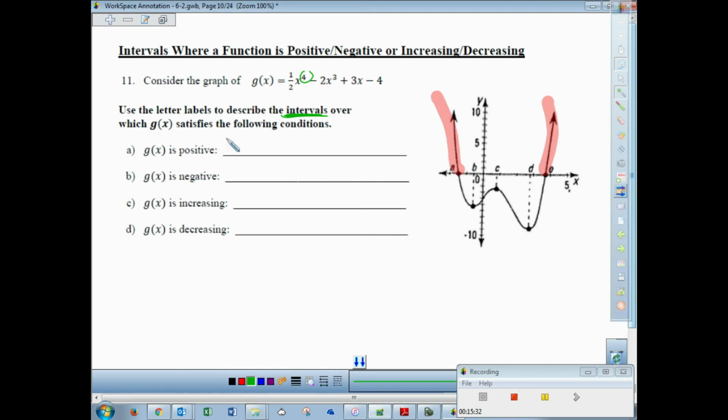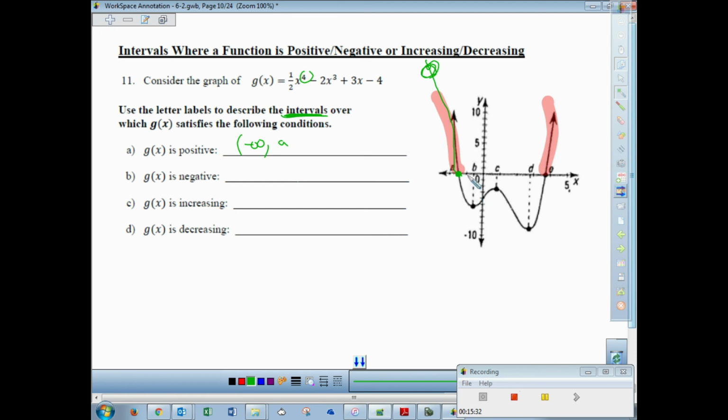From negative infinity, right, starts way up yonder, and you go all the way down to where? Well, A, right? You need the x value of it. The y value is 0, I'll give you that. But the x value of this point is at A. Does A count or not count? This point is on the x-axis. Is that positive when it's on the x-axis?